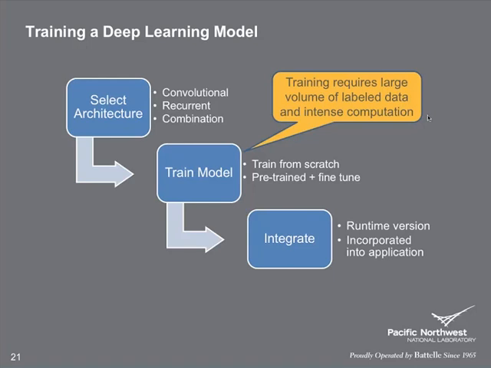Either way, this training is the part that requires a large volume of labeled data and can also be very computationally intense. This is where you've probably heard of using multiple GPUs, multiple cores, even supercomputers to perform this task.